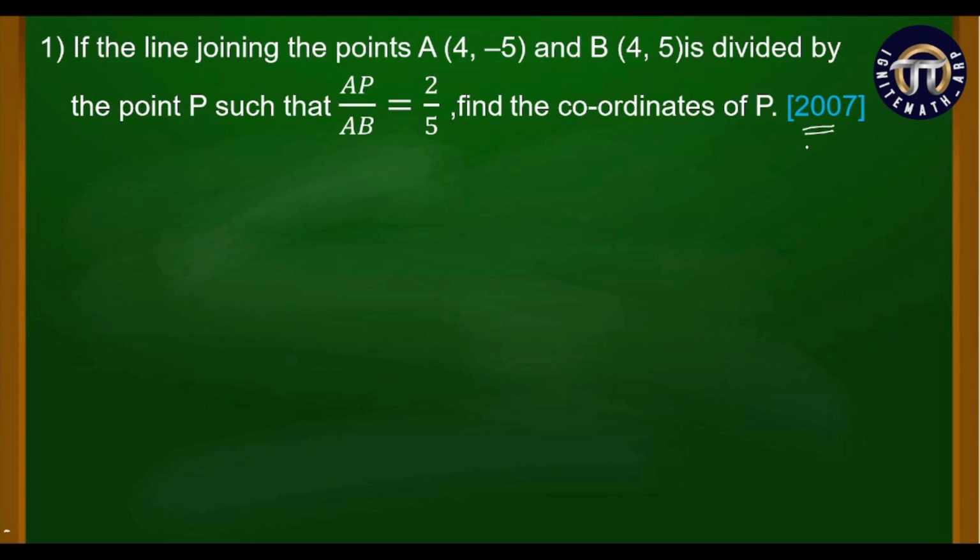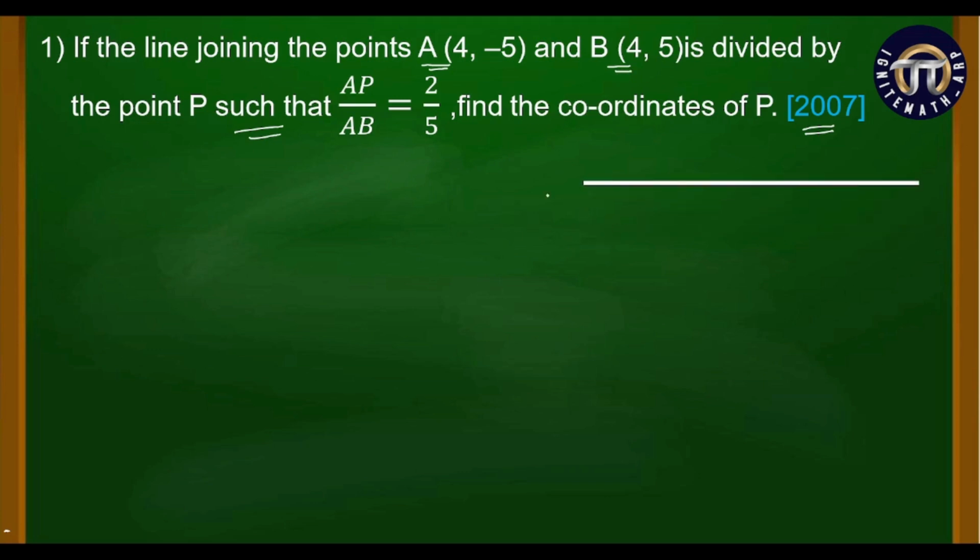If the line joining A (4, -5) and B (4, 5) is divided by the point P such that AP is to AB equal to 2 by 5, find the coordinates of the point P. See, you need to understand and analyze the question correctly. Here I am giving you the coordinates of the end points of a line segment.